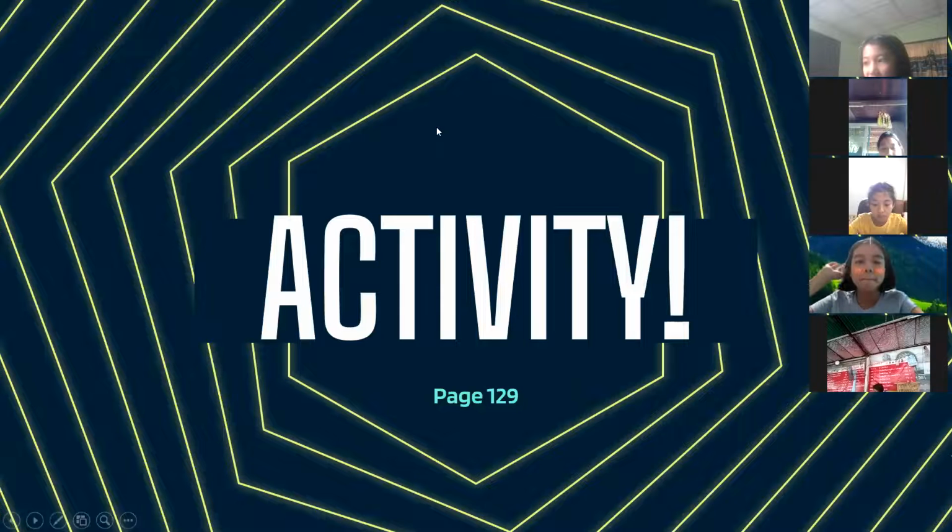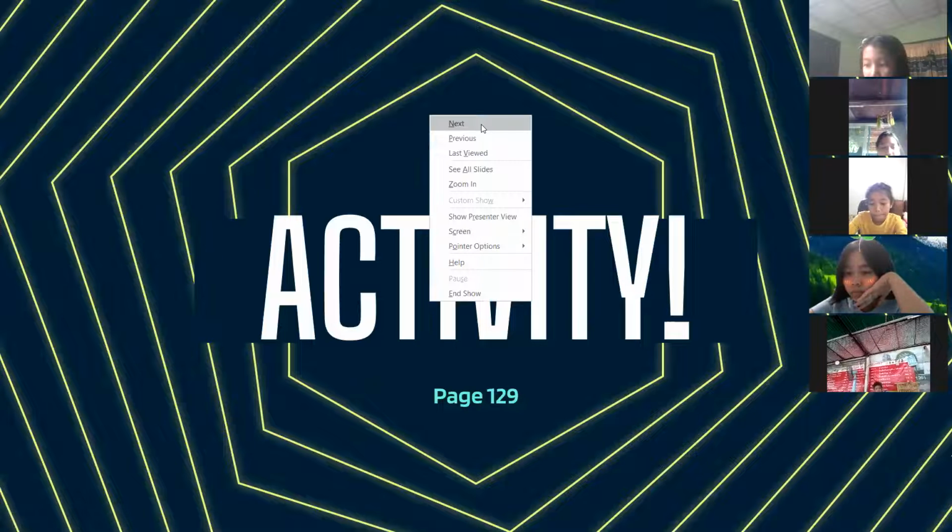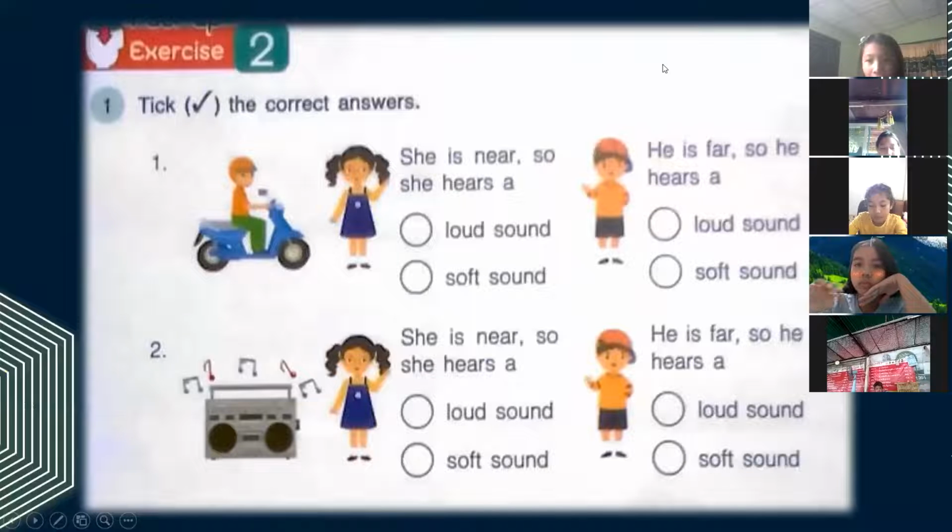Are you ready? If you go to page 129 of your book, you can see this activity. It says here, tick the correct answer. You draw a check mark inside the circle if it's the correct answer.